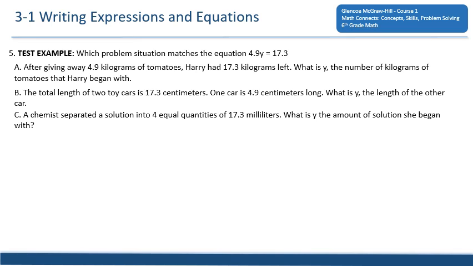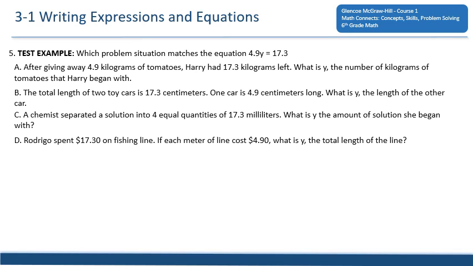A chemist separated a solution into 4 quantities of 17.3 milliliters. What is y, the amount of solution she began with? So a chemist separated, so that is a key word for division, right, into 4 equal quantities of 17.3. So we would actually probably have 4 times 17.3 equals y, which is the inverse of division, because we don't know what she started with, and we're trying to find what she started with.